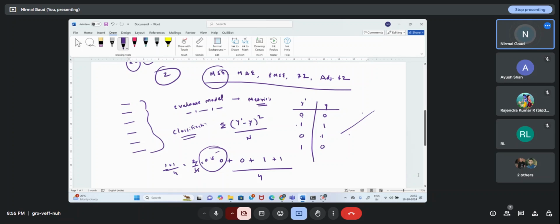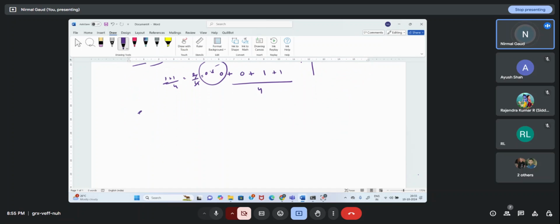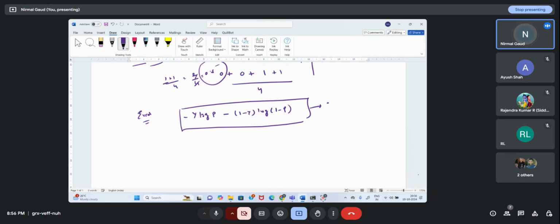You are calculating error in case of classification, yes, but that is like y log p minus (1 minus y) log of (1 minus p). This is your cross entropy. This is the error which you are calculating for classification. Okay, cross entropy.